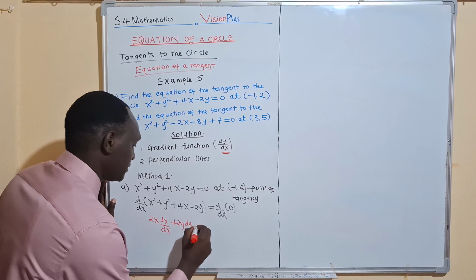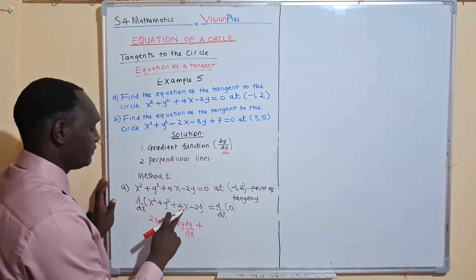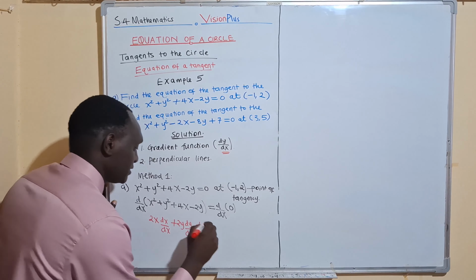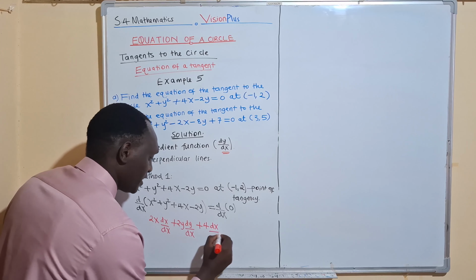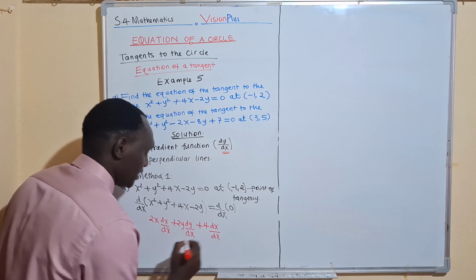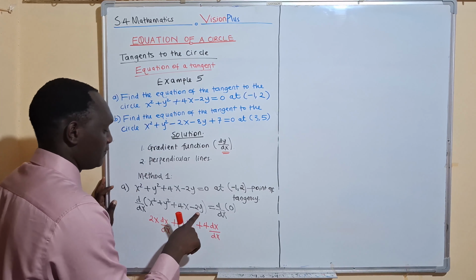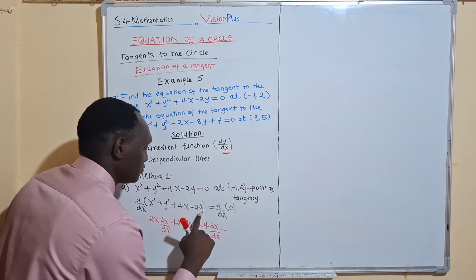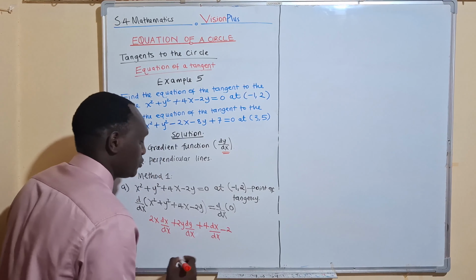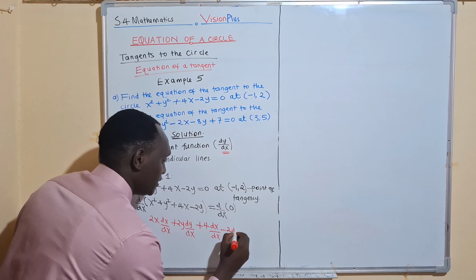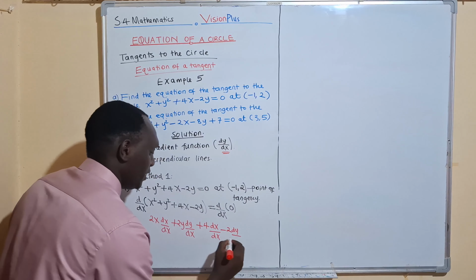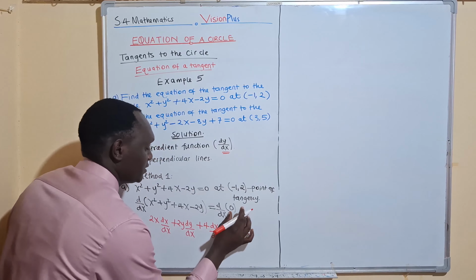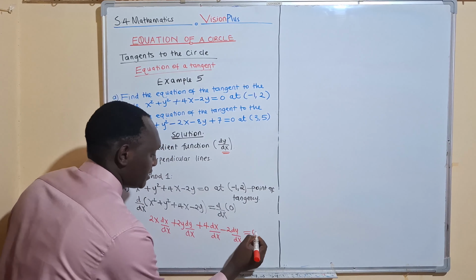And then plus, if we differentiate 4x, we get 4, dx over dx, minus, if we differentiate 2y, we get 2 dy over dx, equals, if we differentiate a constant 0, it gives us 0.